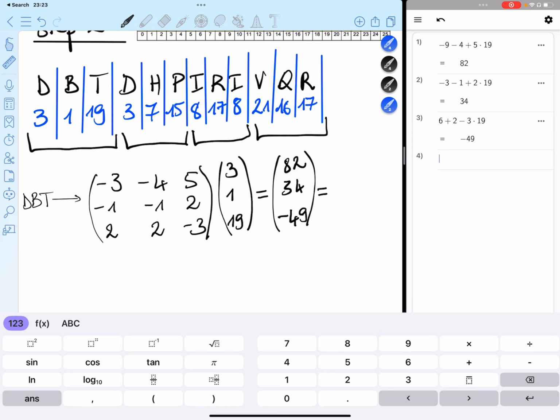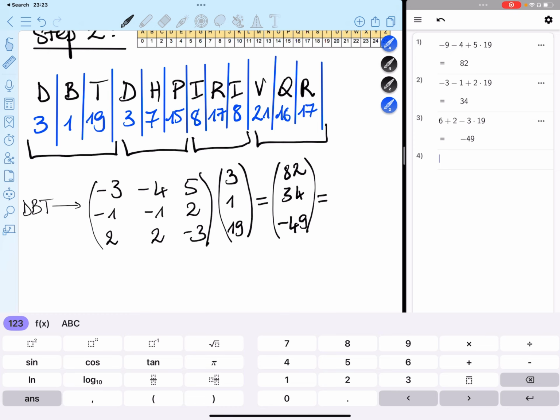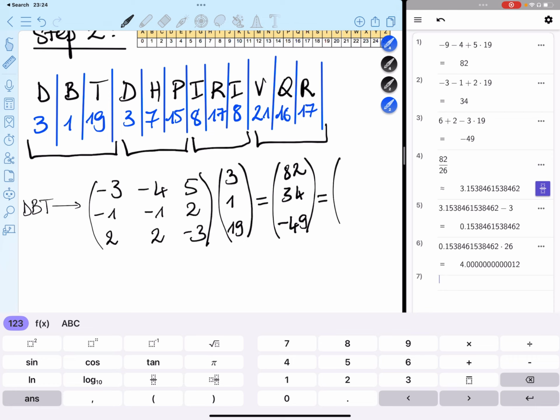Now I'm going to take the mod 26. So 82 modulo 26, I'm going to calculate it by doing 82 divided by 26. Then I'm going to take out the natural part, and I multiply it by 26, and as you can see it gives me 4. So 82 mod 26 is equal to 4.